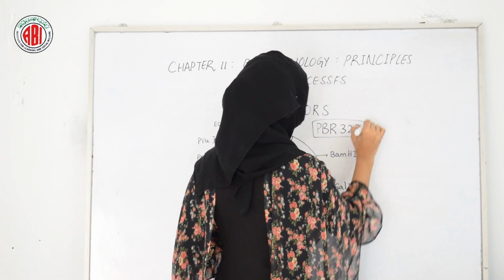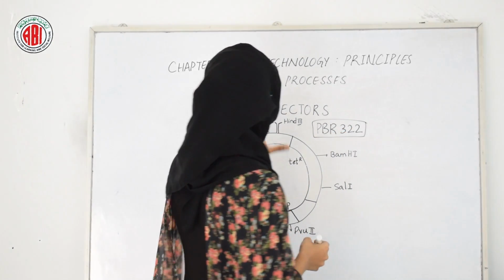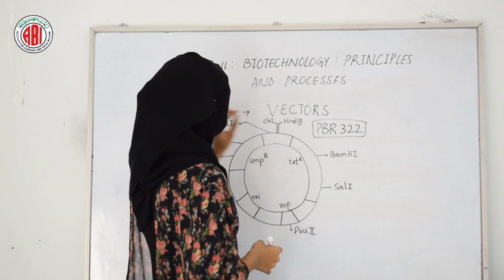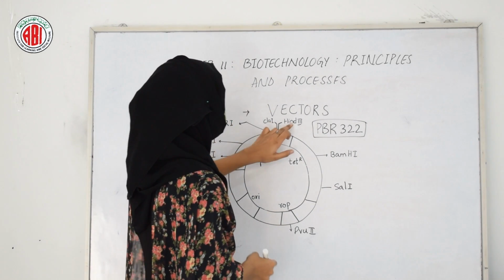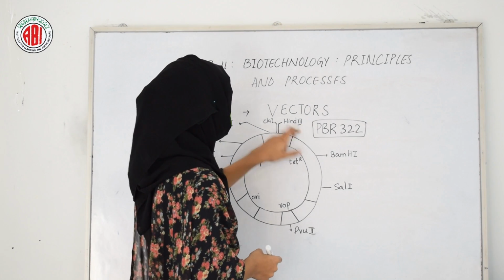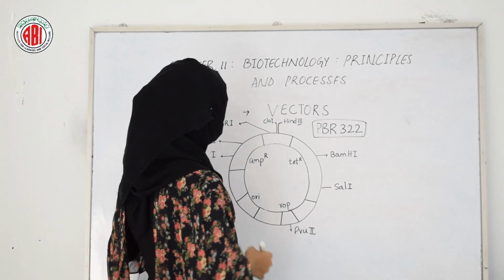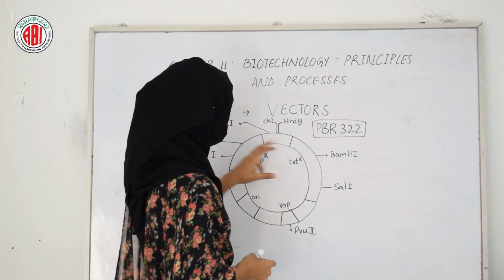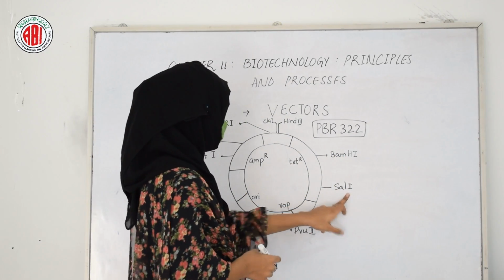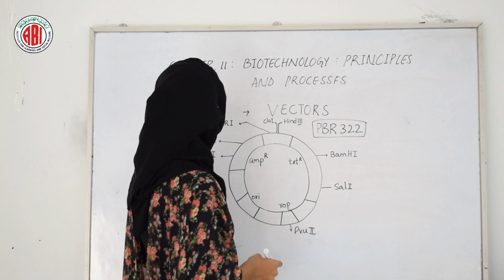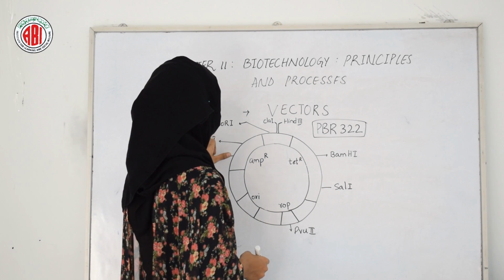pBR322. This is a vector. When we look at the structure of this vector, we can find ClaI and HindIII sites, and we can also find certain endonucleases like BamHI, SalI, PvuII, PstI, PvuI, EcoRI.